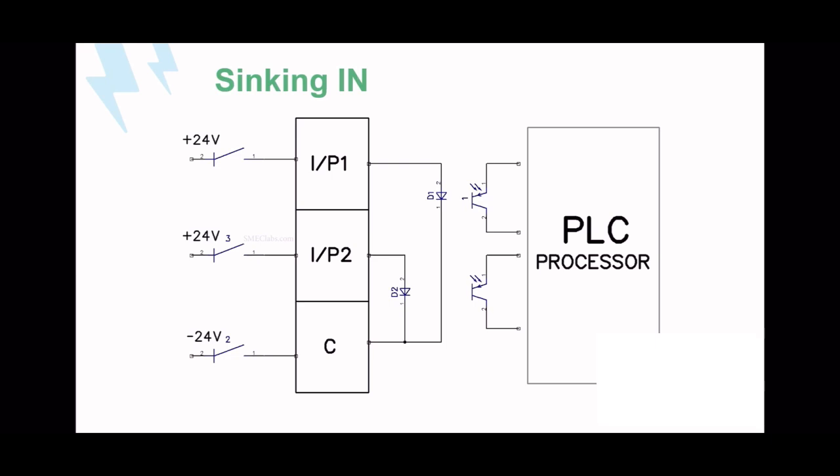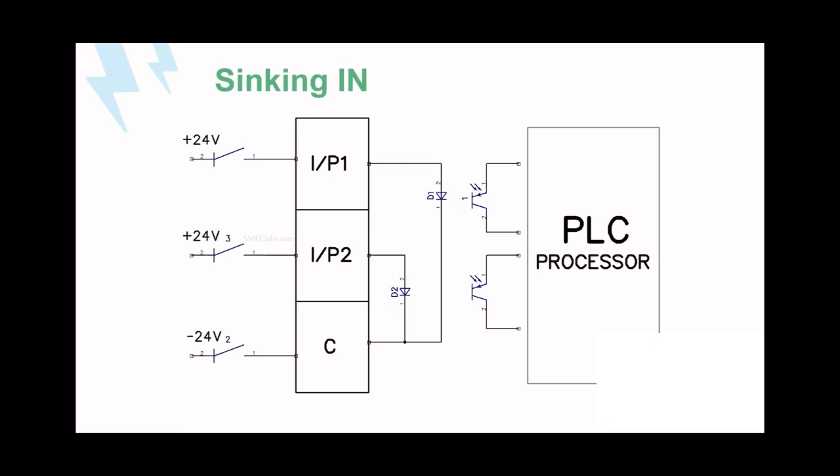The negative side comes to the common, so we have to supply the common as negative 24. Because the common comes as negative 24, we can say it is a sinking input circuit.